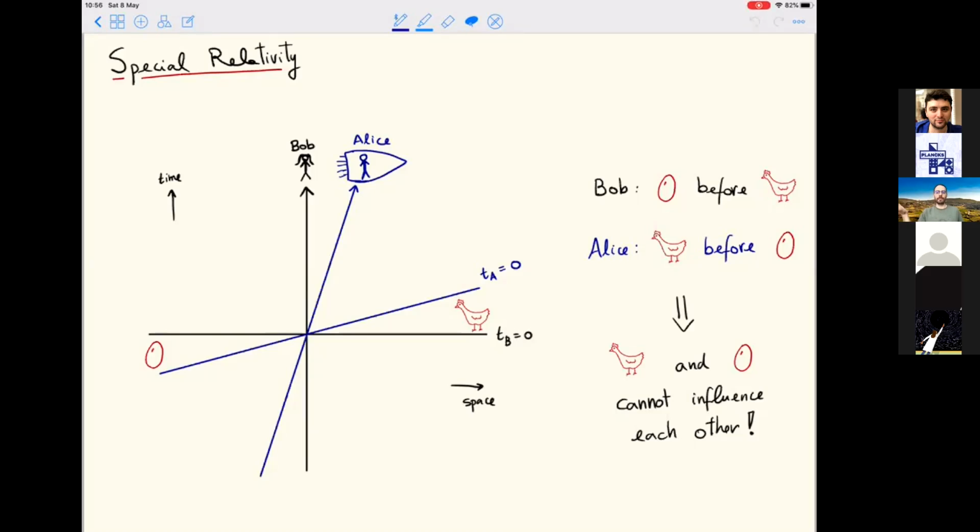This would be incompatible with relativity, because for some observer we would feel the force changing before the explosion happened, right? What happens before and after depends on the observer for things that are what's called space-like separated, like the egg and the chicken in this picture.